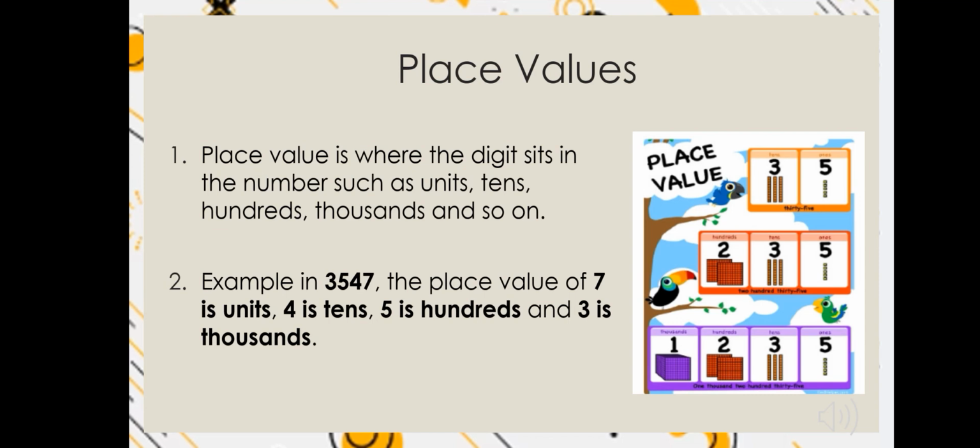For example, in the number 3547, the place value of 7 will be known as units. The place value for 4 will be known as tens. The place value for 5 will be known as hundreds, and the place value for 3 will be called thousands.